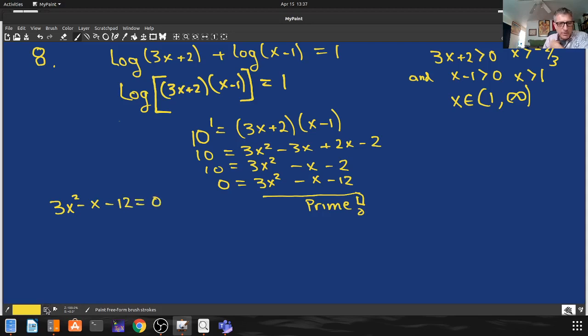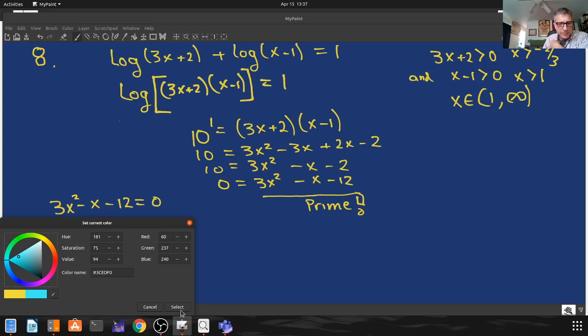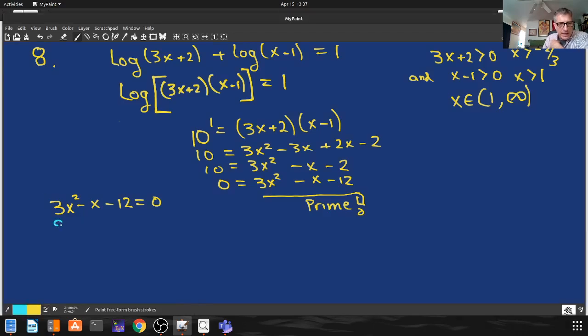So remember, we have ax squared plus bx plus c is equal to 0. So my a value is equal to 3. My b value is equal to minus 1. And my c value is equal to minus 12.